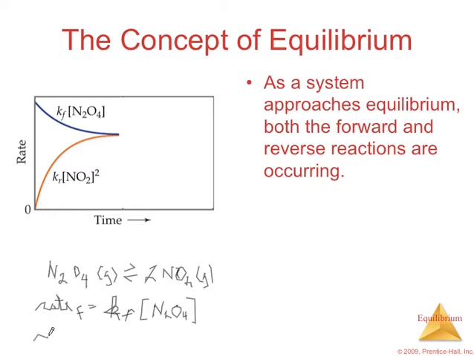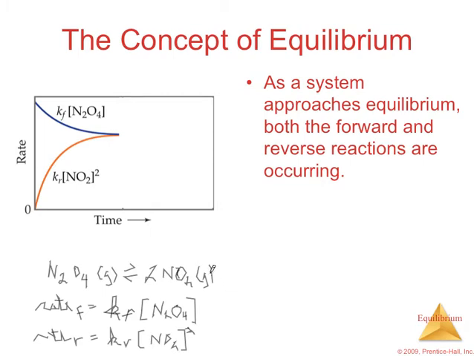The rate in the reverse direction is equal to the rate constant for the reverse direction times the concentration of nitrogen dioxide squared, remembering that because this is an equilibrium, it is happening back and forth, meaning it does happen in one step, meaning that these are elementary reactions.